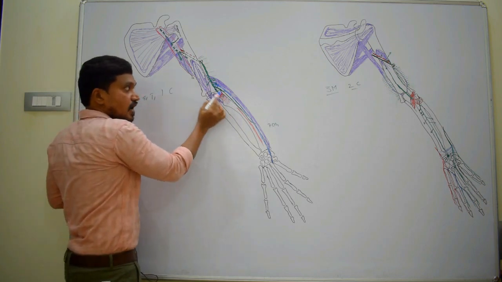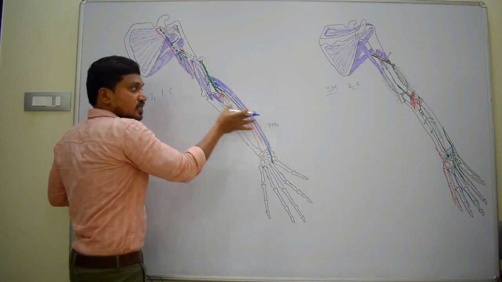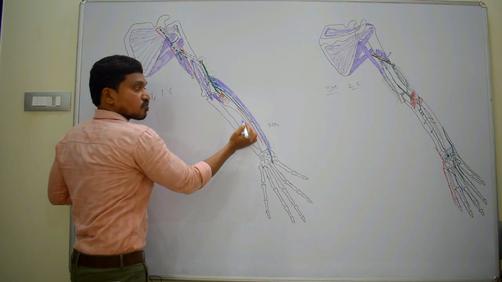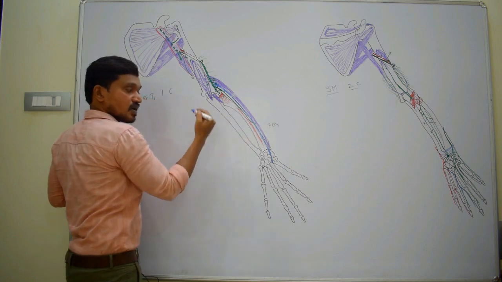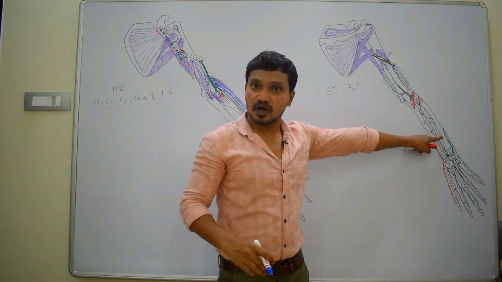Superficial branch is passing underneath the brachioradialis up to the junction of upper two-thirds and lower one-third. At this level, it winds around the lateral part of the radius and appears in the dorsal aspect of the forearm.